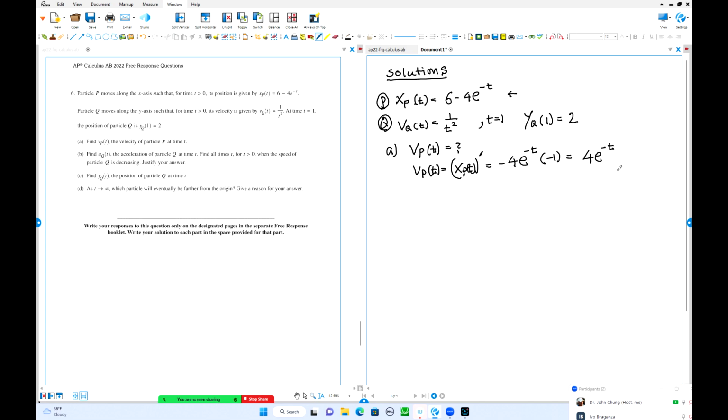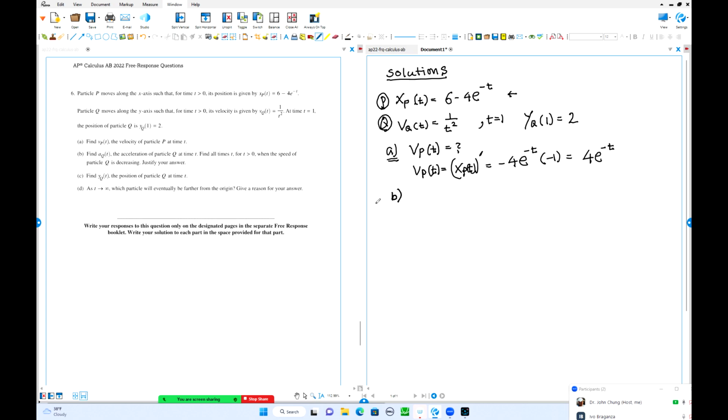That's the velocity of particle P. Up to here so far, okay? That's part A. This is an easy one, just take the derivative of the position of particle P.